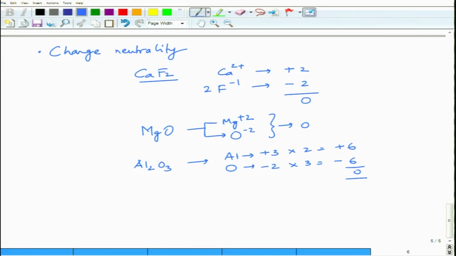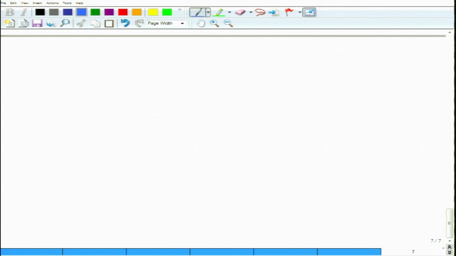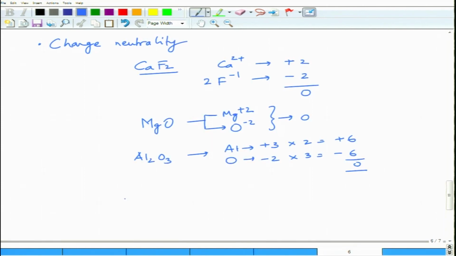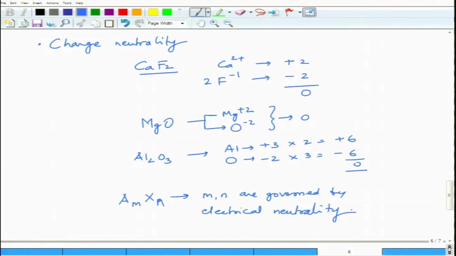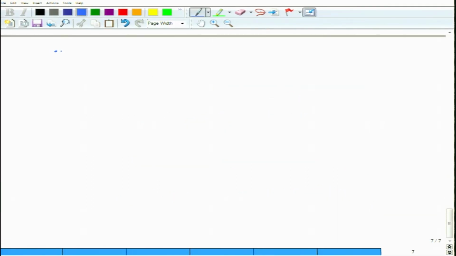So this electrical neutrality, the net charge in the structure, should be equal to 0. Now the general form you can write is AmXn, where m and n are governed by electrical neutrality, depending upon the valence and electrical neutrality, and then the stability of the structure.